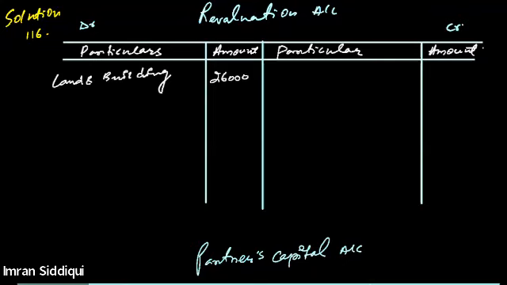Is this clear, both of you? Since the value is reducing, we'll write it on the debit side of the revaluation account.